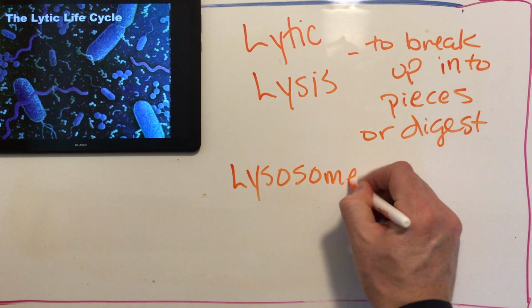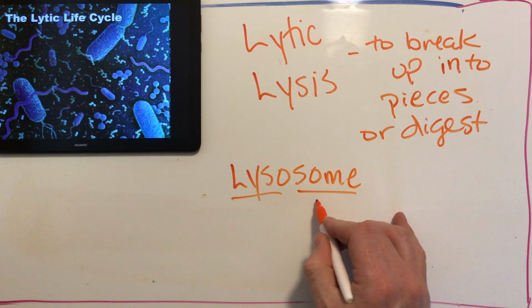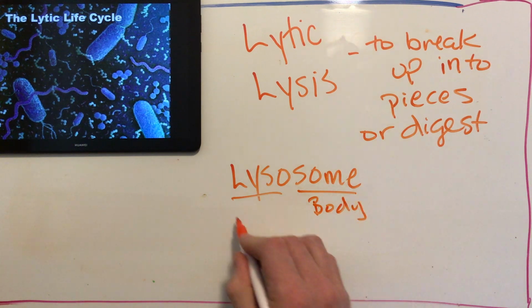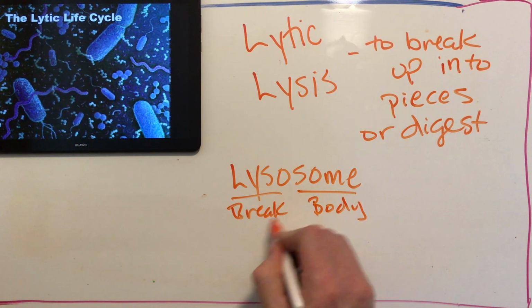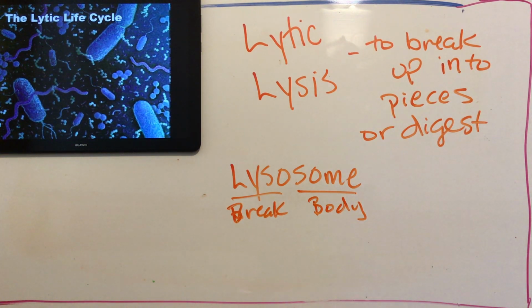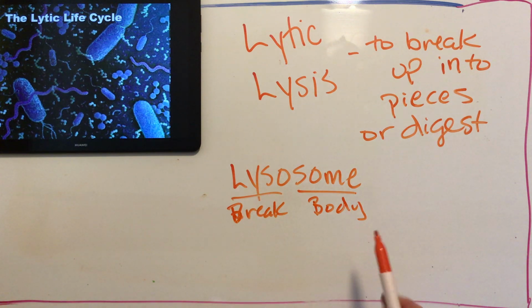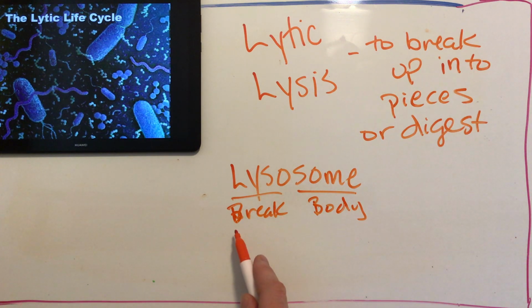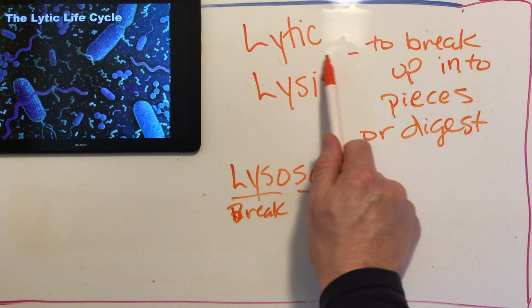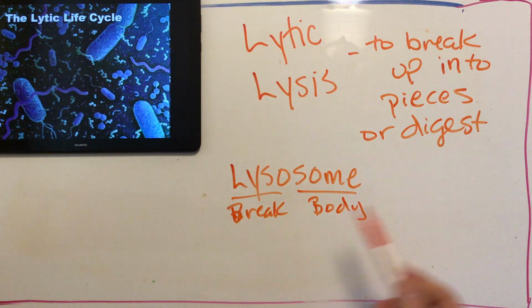In grade 10, you had the lysosome. We now know that this is something that's going to break stuff up. Excuse my lousy penmanship. But this is a little organelle inside of the cell that goes around to old and defective parts of the cell and uses hydrolytic enzymes to break things up. Oh, you're not working anymore?